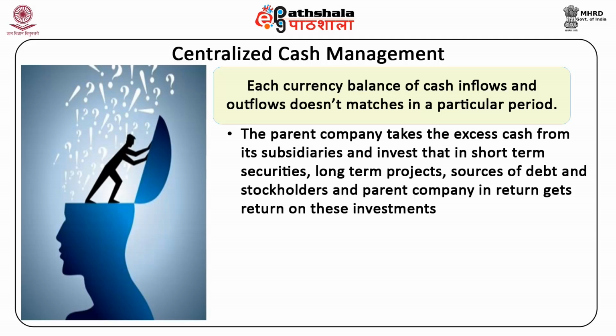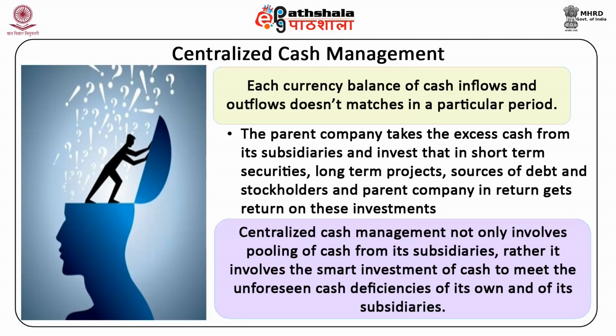Through these investments, the parent company gives interest to those subsidiaries who have given their excess cash to it. Centralized cash management involves not only pooling of cash from its subsidiaries, but also the smart investment of cash to meet the unforeseen cash deficiency of its own and one of its subsidiaries.